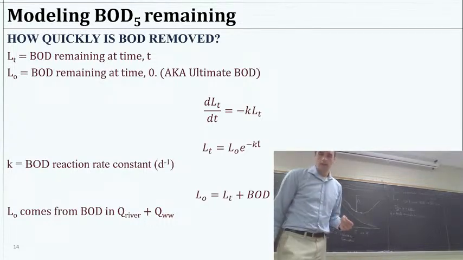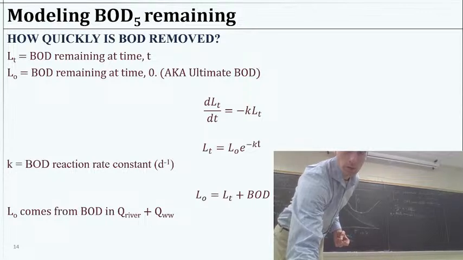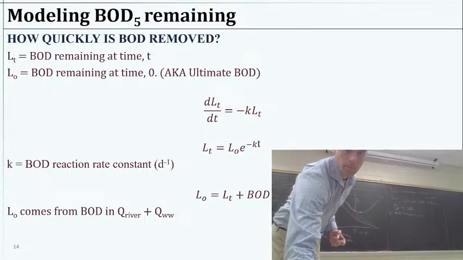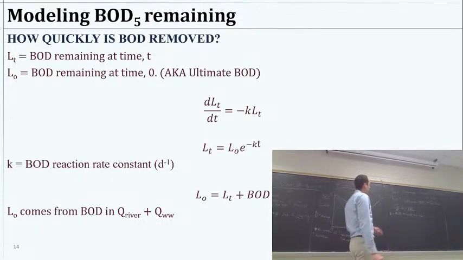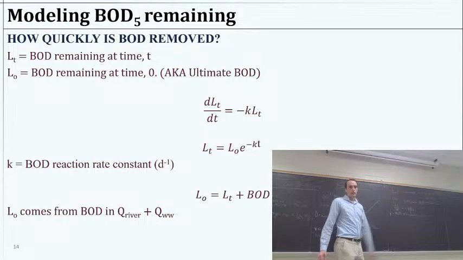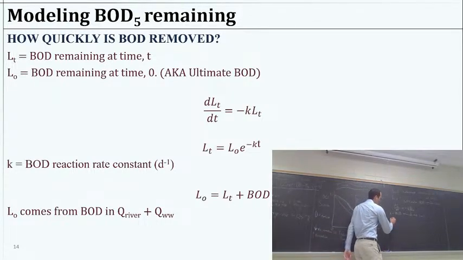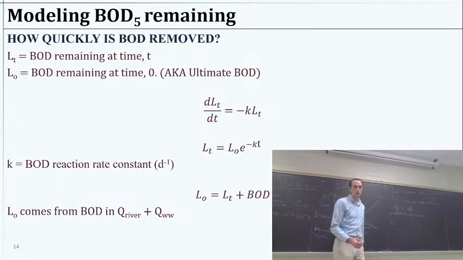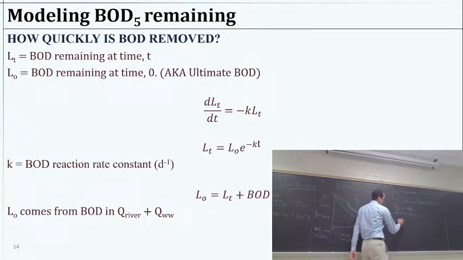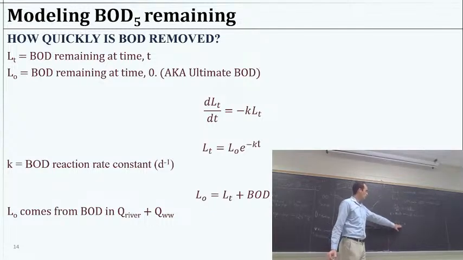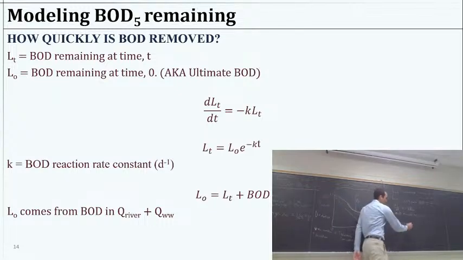Another thing we can say about these is that L naught is going to be equal to L at time t, that's how much has been remaining, plus how much has been consumed already, the BOD of the initial thing.